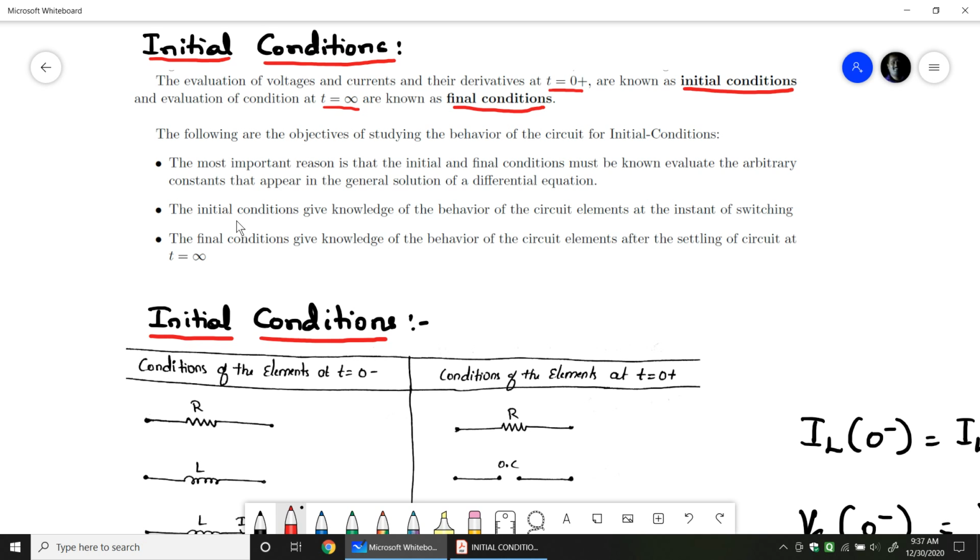The second thing is that initial conditions give knowledge of the behavior of the circuit elements at the instant of switching. Sometimes some voltage is stored in the capacitor.